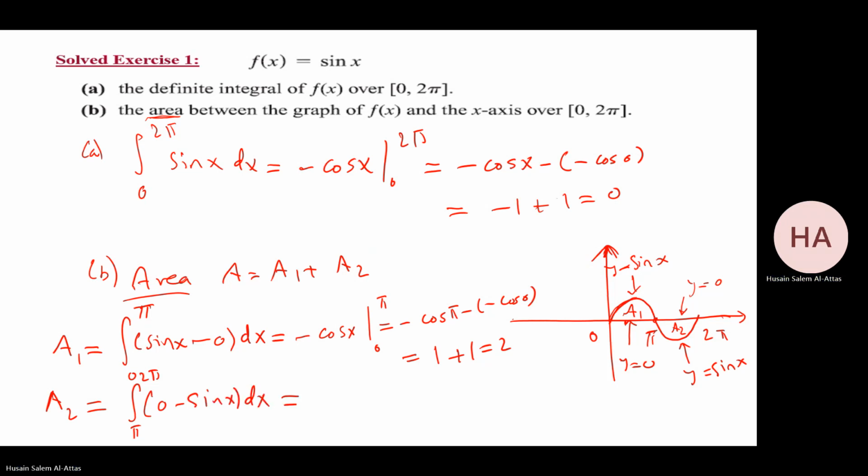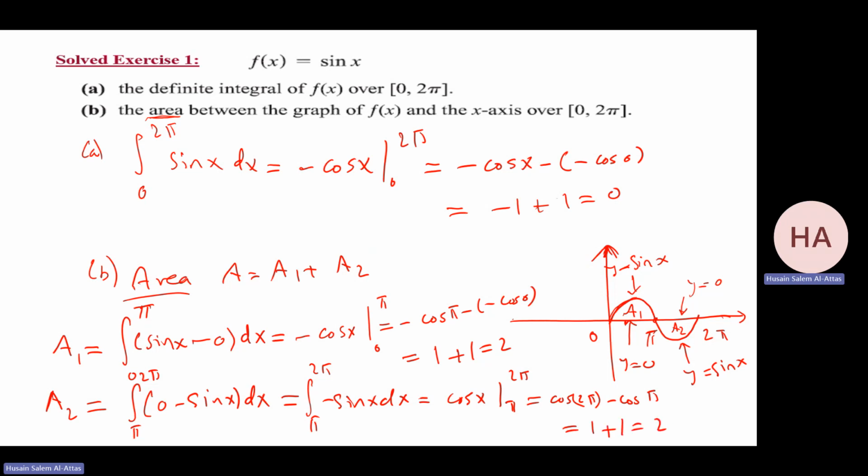You can do it with that value, or I think this way explains it. The integral from pi to 2 pi of minus sine x dx, which gives me cosine x between pi and 2 pi, and that gives me cosine 2 pi minus cosine pi, which is 1. Cosine pi is minus 1, minus minus 1 will be plus 1, that will be 2. So this is 2 plus 2, which is 4.